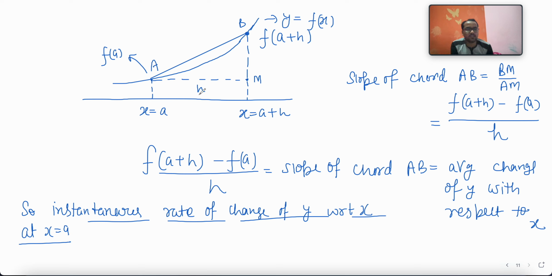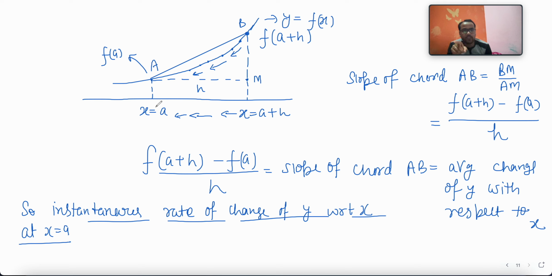Suppose if I move this point to this side, that means we can say if I reduce the length h, that means if I move this x point towards this side. So if I make h tending towards 0, it's not actually becoming 0, it is approaching towards 0. That means this AM gap will be reducing.